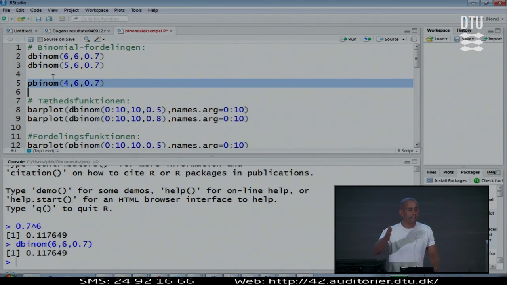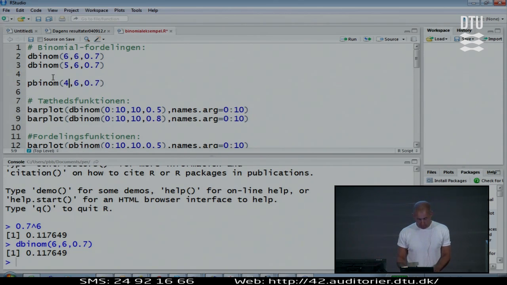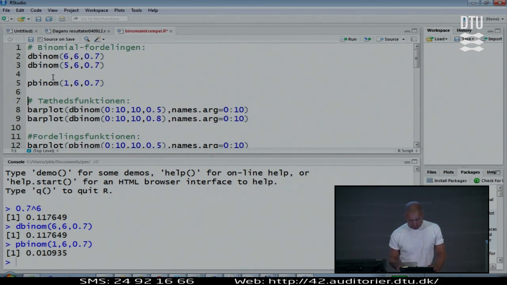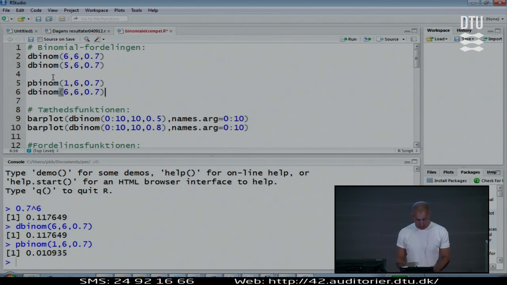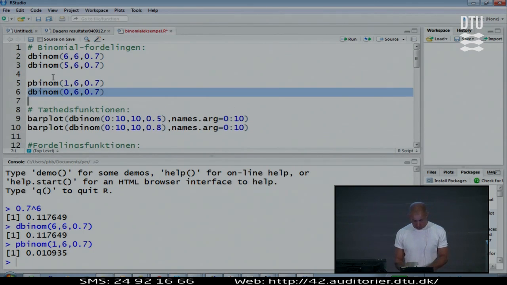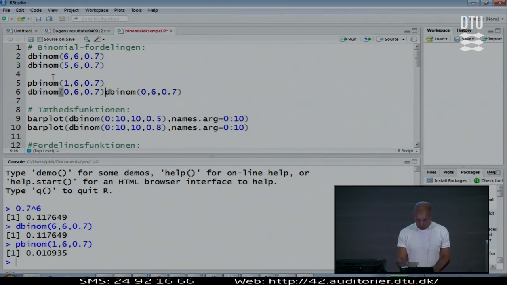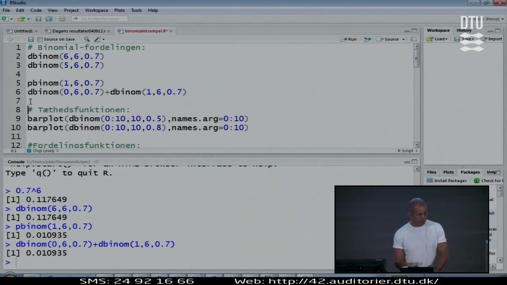So that is the accumulated, that's the capital F function in R. So we could evaluate that in 1, and then I could just check to see whether this is the same as d-binom 0 plus d-binom 1. Whoa, I was lucky again. So the probability of this worst case scenario is only around 1%. So only in 1 out of 100 days it would go as bad as this, right?